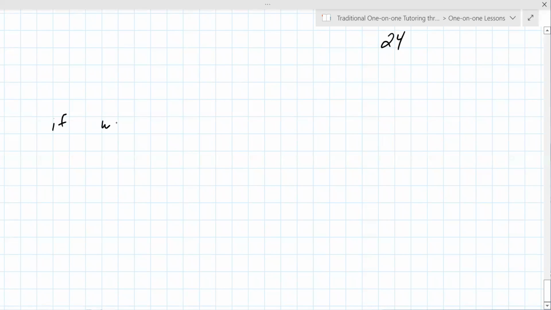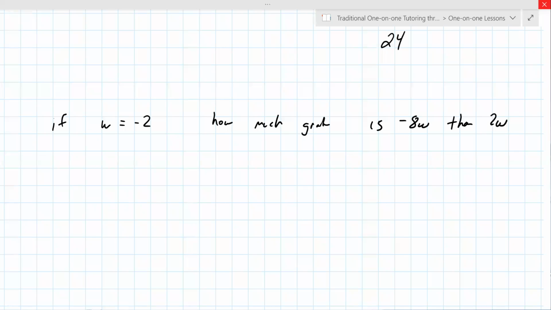If w equals -2, how much greater is minus 8w than 2w? Okay. All right. -16. -2 times 2 is -4.